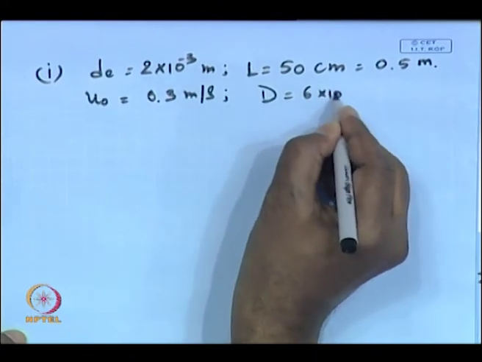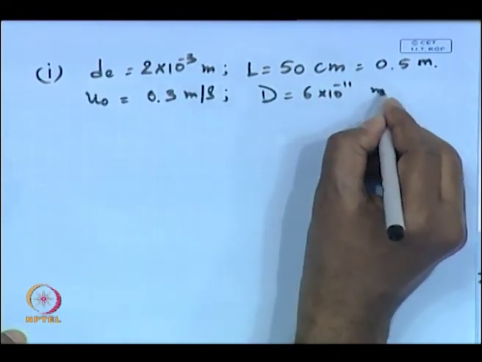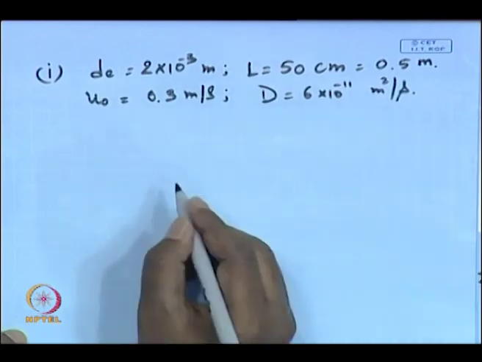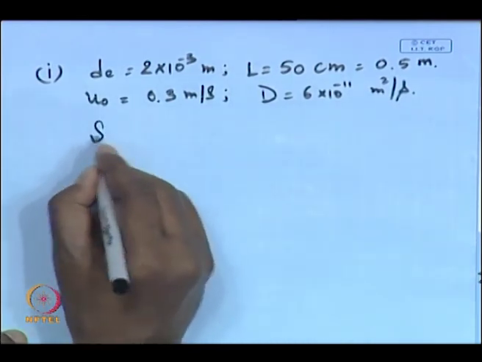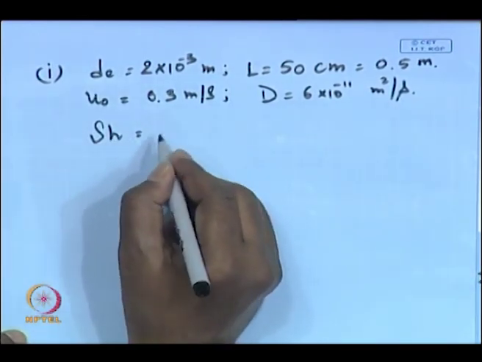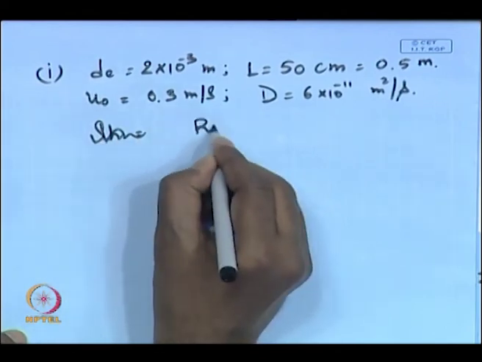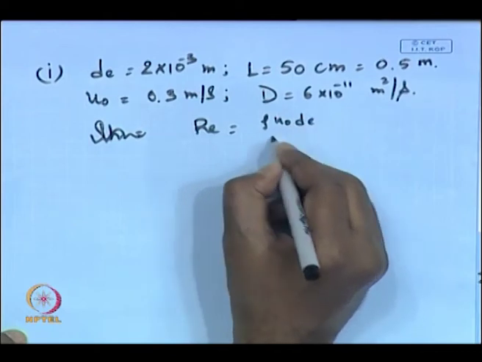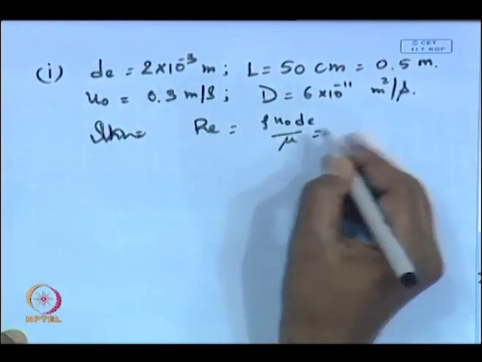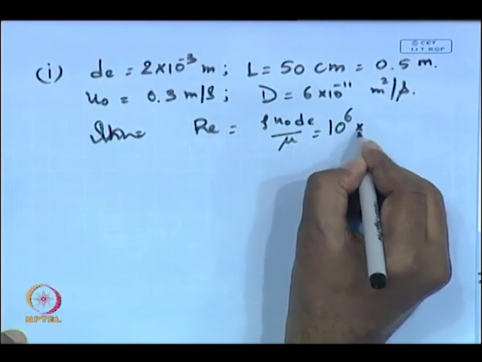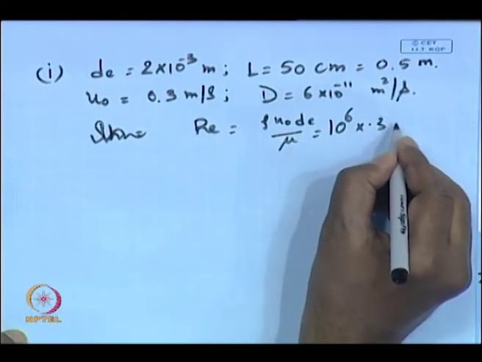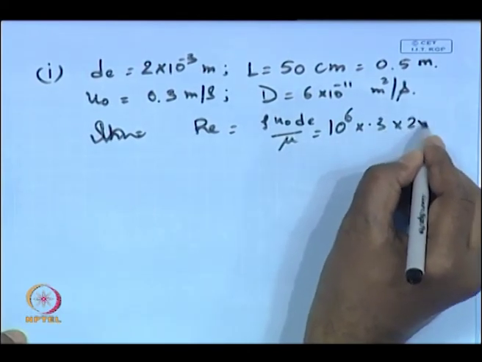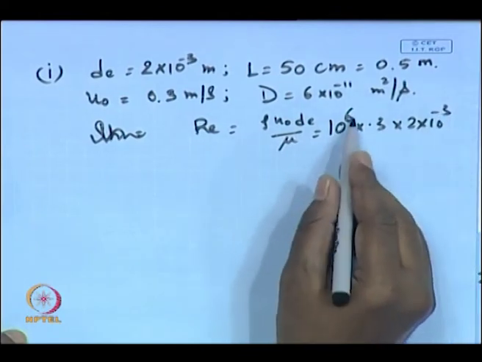Diffusivity is 6 into 10 to the minus 11 meter square per second. Okay. So, you can calculate the value of Sherwood number. The Reynolds number will be rho u0 d_E by mu. In this particular case, rho by mu will be 10 to the power 6, u0 is 0.3, D equivalent is 2 into 10 to the minus 3.